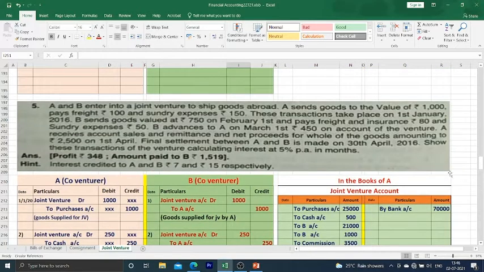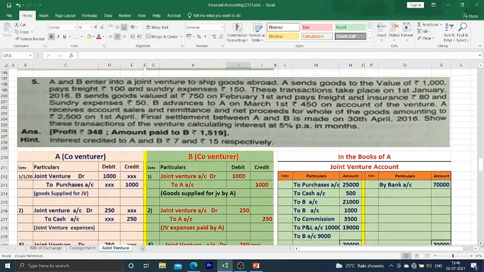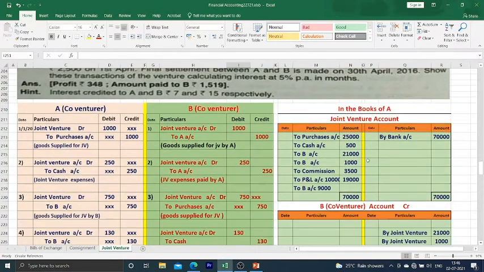Right, problem number first entry: joint venture account debit to purchase account 1000. Joint venture account debit to cash account 250. Joint venture account debit to B account 880. Joint venture account debit 750, this one. Gain expenses 130. There is no commission, but interest is there, okay?